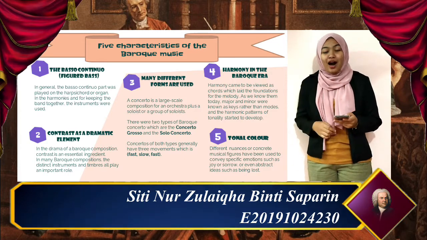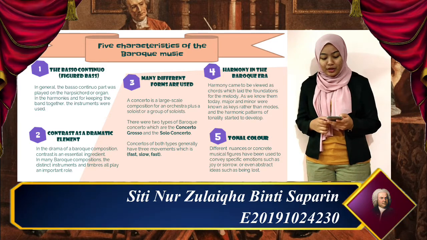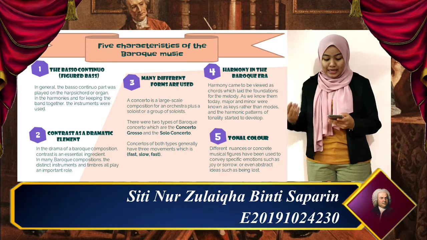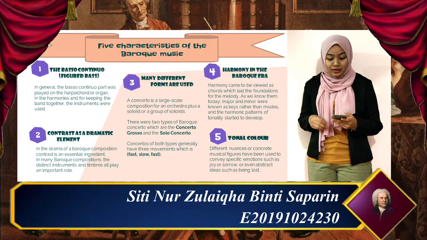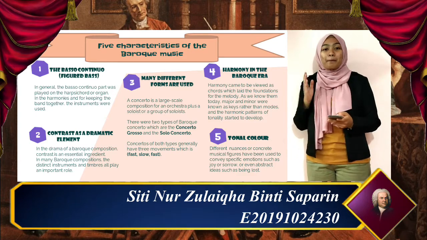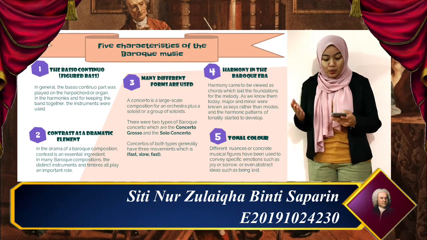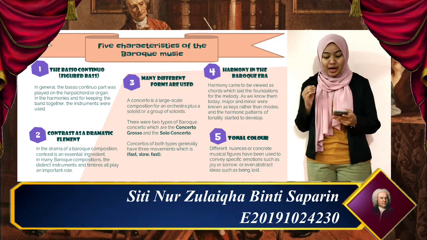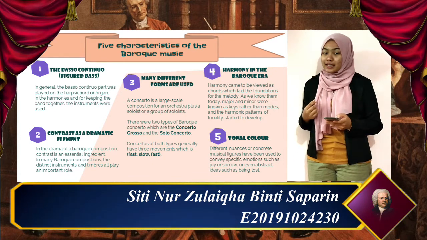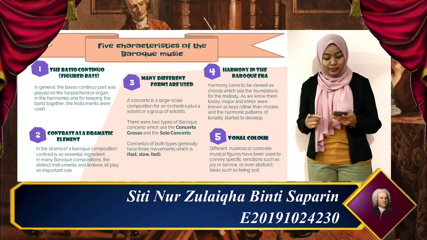Fourth, harmony in the Baroque era. Harmony came to be viewed as chords which lay the foundation for the melody, as we know them today. Major and minor were known as keys rather than modes, and the harmonic pattern of tonality started to develop.